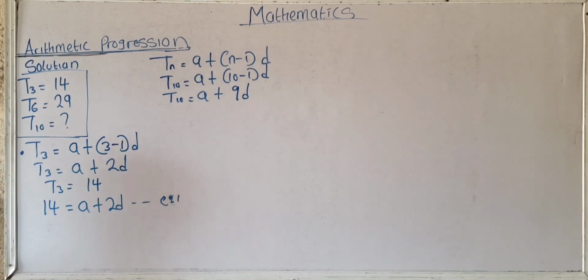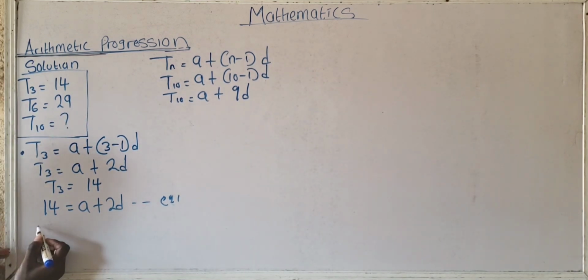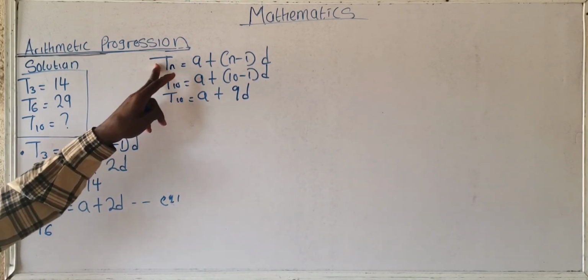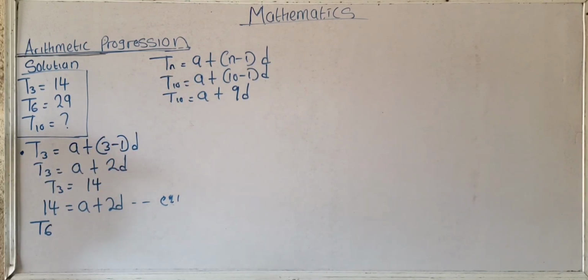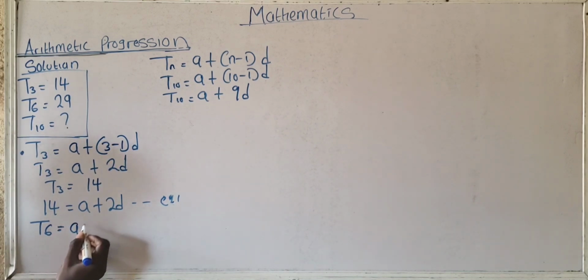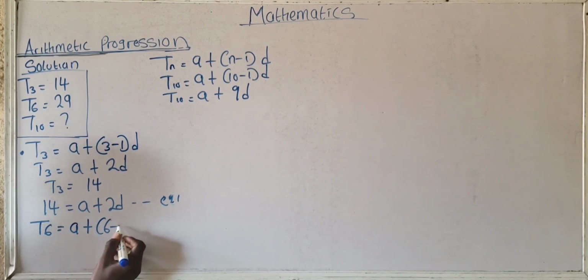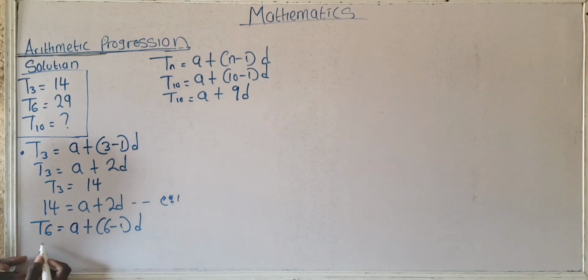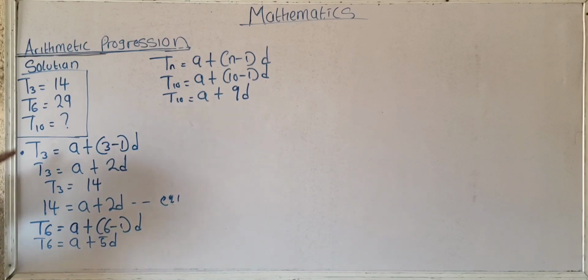Is 29. So I'm going to have T6. The expression for the sixth term with respect to the nth term formula of an arithmetic progression is T6 is equal to a plus 6 minus 1 multiplied by d. You understand? So T6 is equal to a plus 5d. Okay? Now, don't forget that the sixth term has been given as 29.